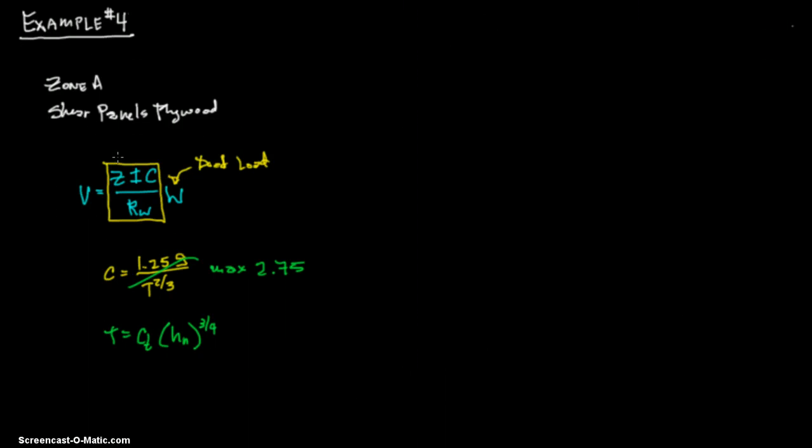Z, you have to go to table 16.1, which is reproduced for you on page 82. So go to page 82 real quick, and you will see seismic zone. Remember, we're in zone A. So let's go down to zone A. Actually, I said zone A. It looks like it's zone 4.